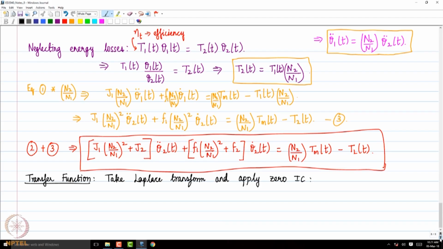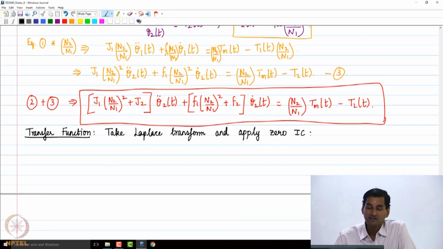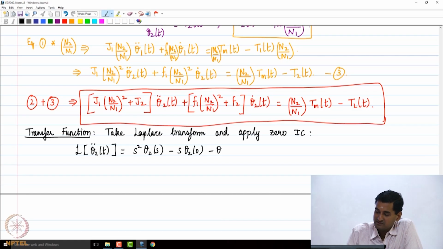As I keep on telling you, you should always write the Laplace transform completely, so let me do it once more. Please note that the Laplace transform of the second derivative of theta 2 is going to be s square theta 2 of s minus s times theta 2 at 0 minus theta 2 dot at 0.